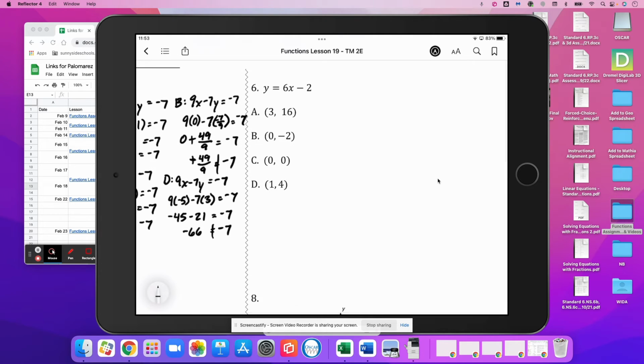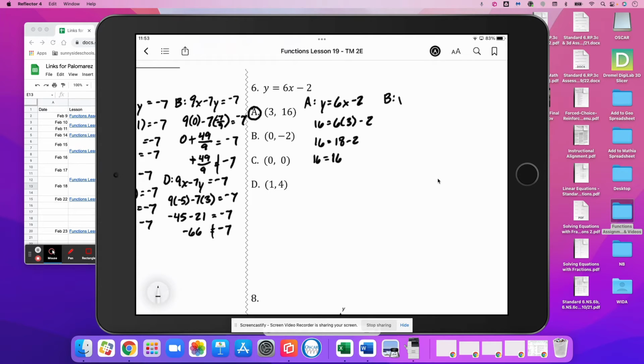So again, similarly, we're just going to test these points in the equation and see if it makes a true statement. So y equals 6x minus 2. 16 equals 6 times 3 minus 2. 16 equals 18 minus 2. And 16 equals 16. Yes, that's a true statement. So it satisfies the function.